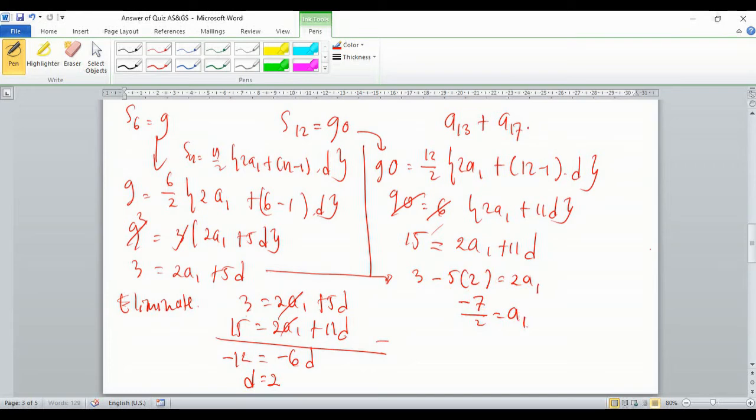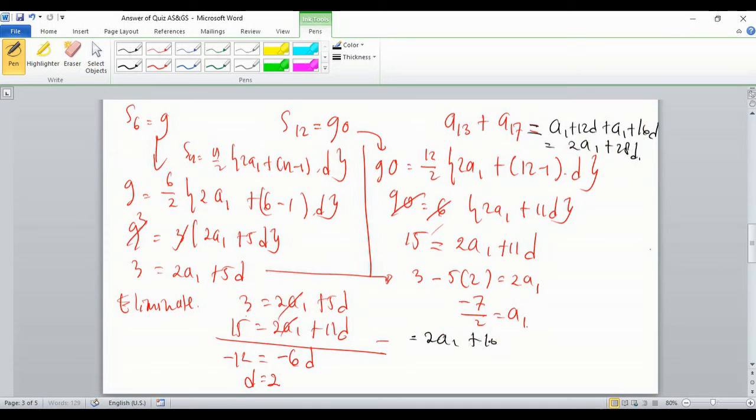So at 13, okay, let me change the color. At 13, it's equal with the a1 plus 12d plus a1 plus 16d. So this means 2a1 plus 28d. So we need to substitute them to 2a1 plus 28d.